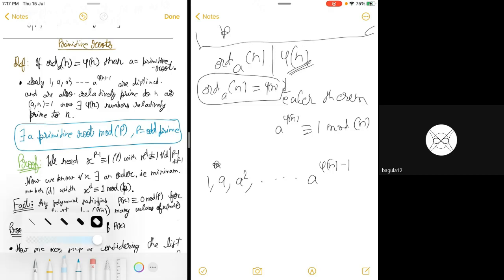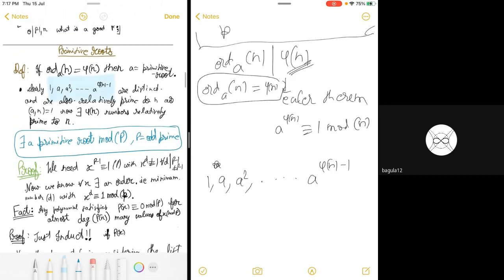Now these are special because 1, a, a squared, till a to the phi of n minus 1 are distinct. This is because if any two are congruent, then we will get a smaller power of a congruent to 1 modulo n. And also, because a is coprime to n by definition, all these numbers are also coprime to n.